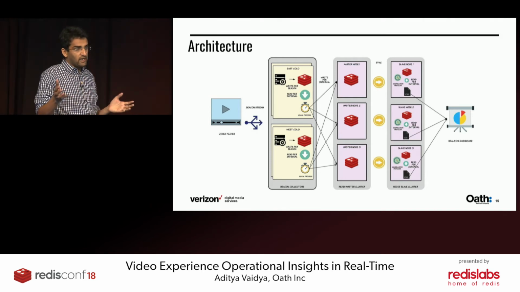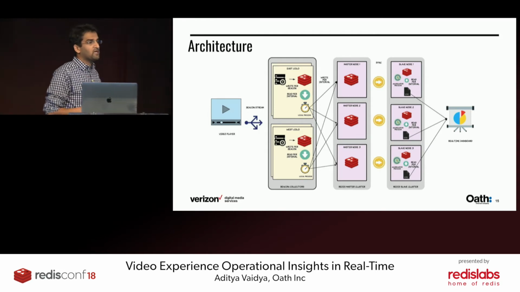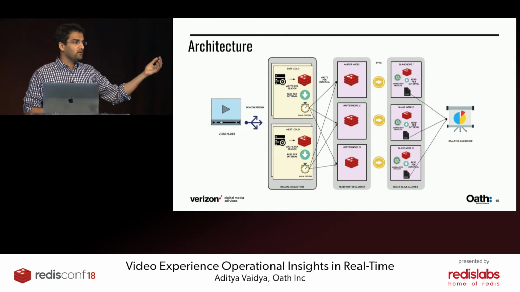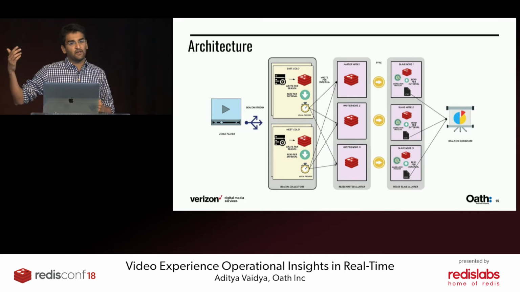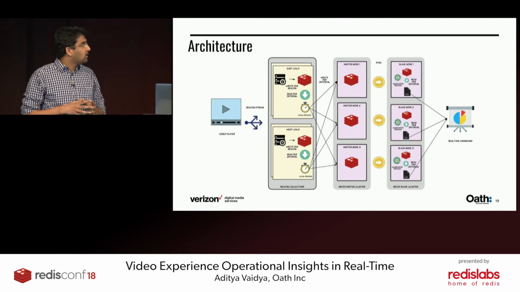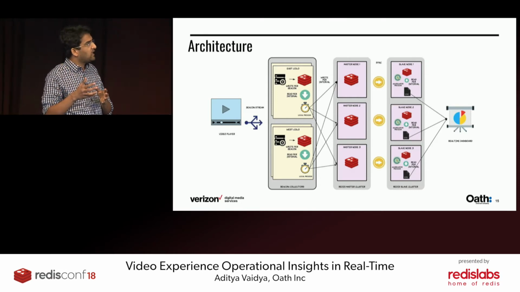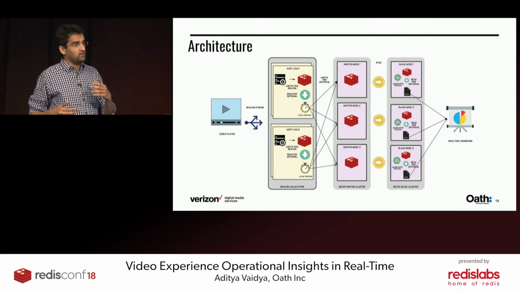Then we have a Redis cluster, made up of two parts: the master node where the writes are happening, and the slave nodes where we run certain aggregations, with a sync happening between the two. The third layer is our indexing and dashboarding infrastructure, which is based on Splunk.